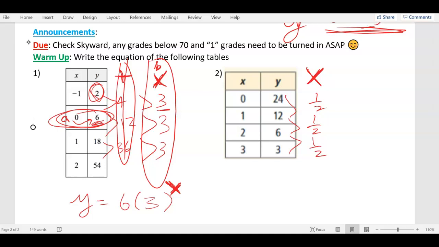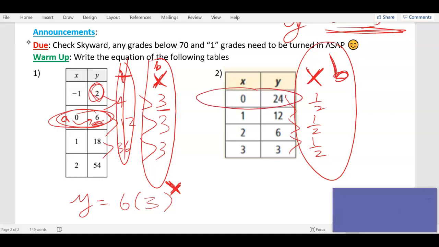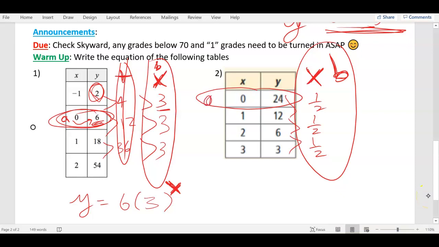So again, dividing by 2 is the same thing as multiplying by a half. Now, that's very important because if you put 2 as your b value, that's so wrong. So don't think about what am I dividing by, it's what am I multiplying by. That's my b value. What's my a value, what am I starting at? When x is 0, my a value is my y value.